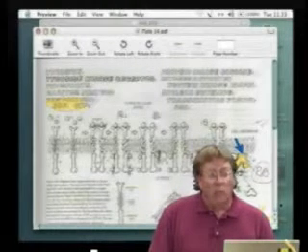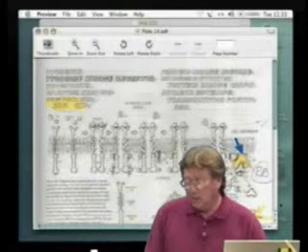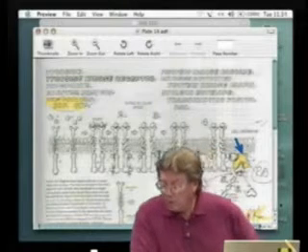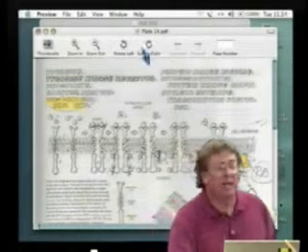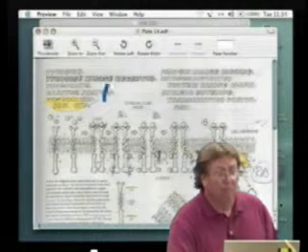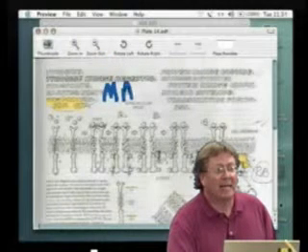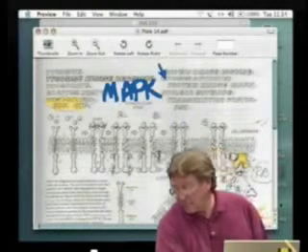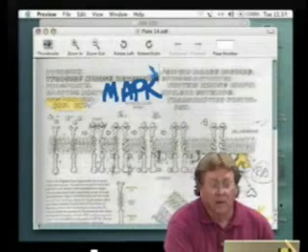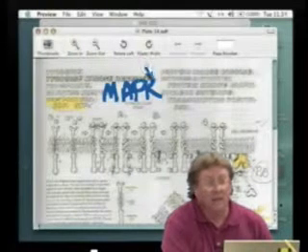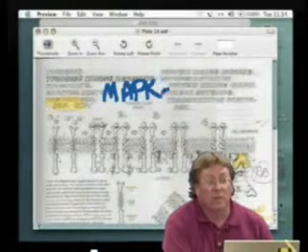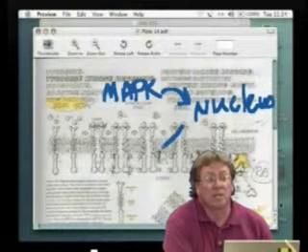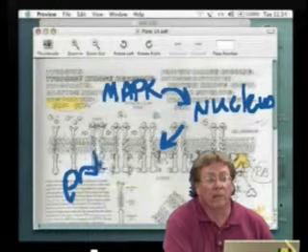When activated, RAS protein is important in producing the response of the mitogen activated protein kinase. It's this compound that goes into the nucleus and increases protein production.